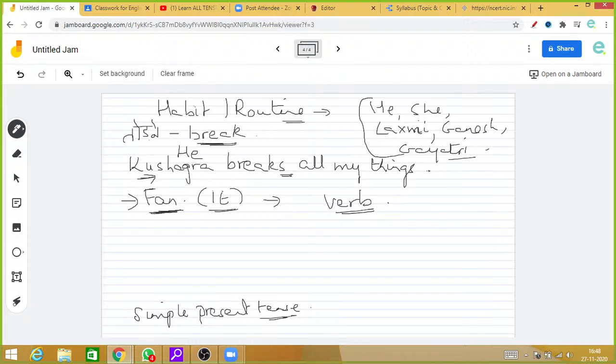You can talk about what the fan does as a routine, or any fact about a fan, whatever sentence comes to your mind, but it has to have a verb. Any fan, ceiling fan, pedestal fan. Make a sentence.